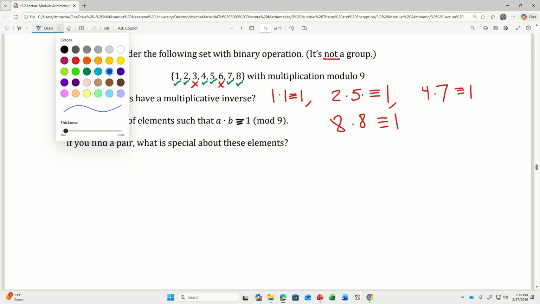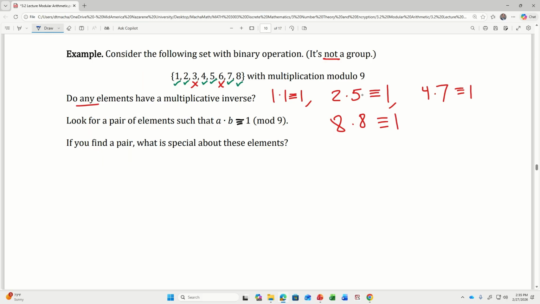So here's what I want you to remember. Numbers in the set that do have inverses are co-prime to 9. And 9 matters because this is mod 9.